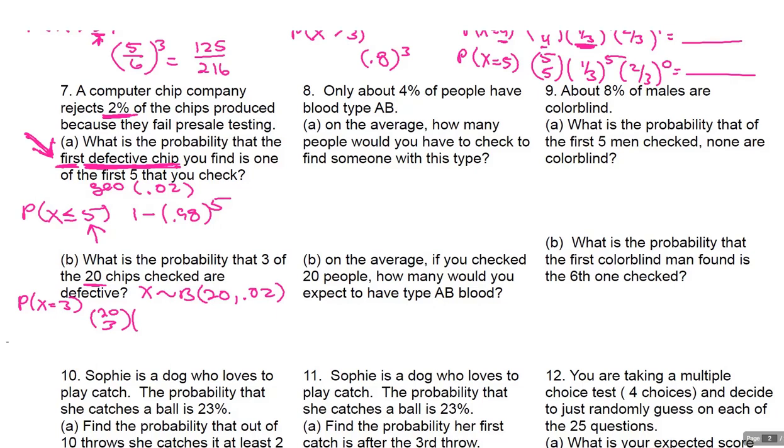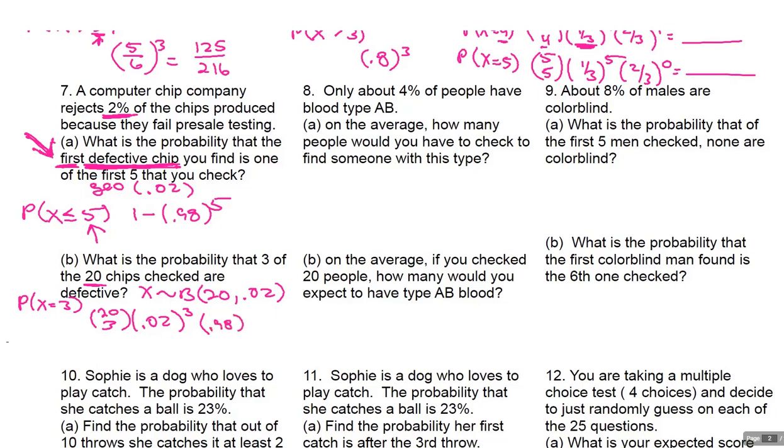The probability of success. And again, think about it. If 0.02 is a success and I'm interested in having it 3 times, it's going to be 0.02 times 0.02 times 0.02, or to the 3rd power, right? Now, what's the probability of failure? That means not getting a defective. 0.98.